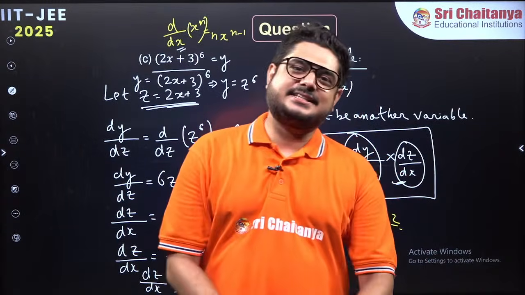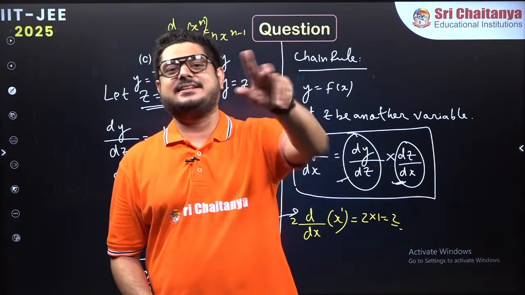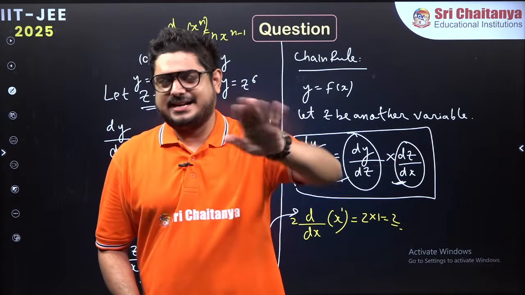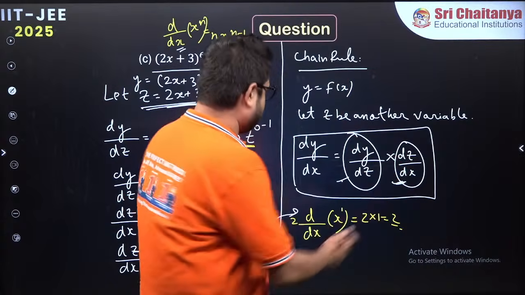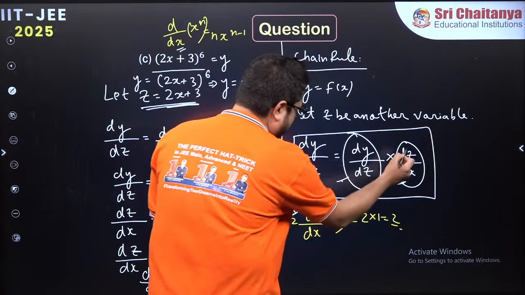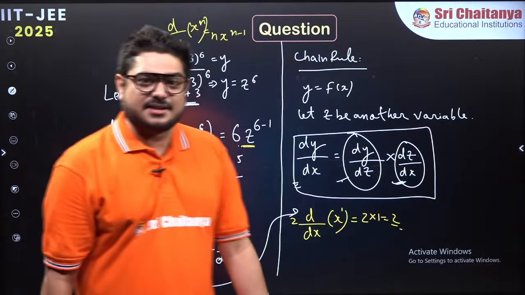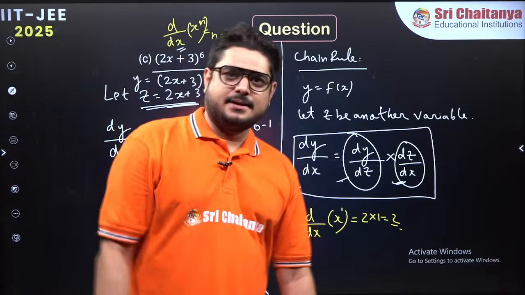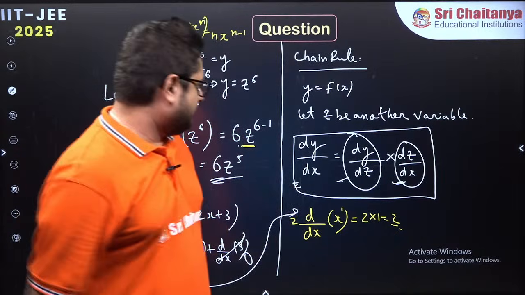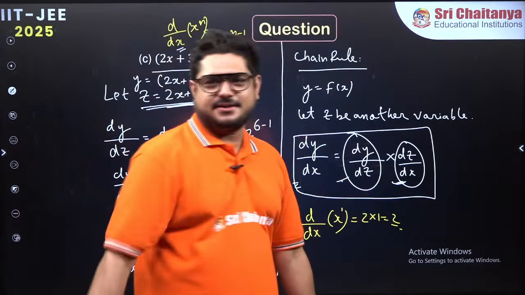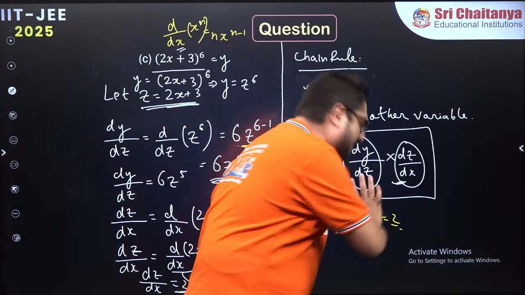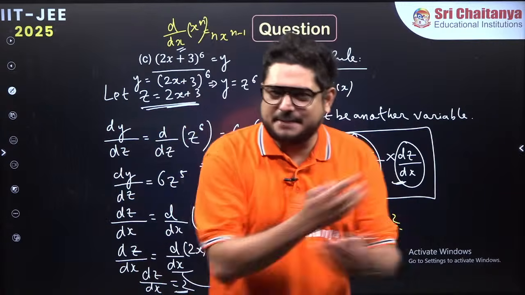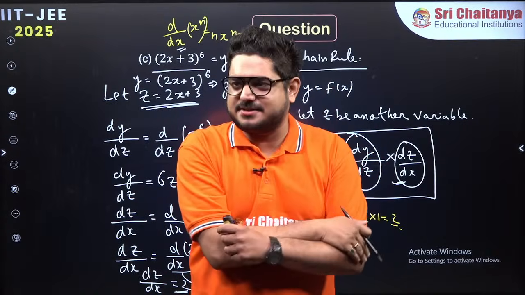We are assigning a third variable, that is z. We can write it down as dy by dz into dz by dx. Okay? So first of all, we need to find this dy by dz. Subsequently, we need to find dz by dx. Multiply them, we'll get the final answer.